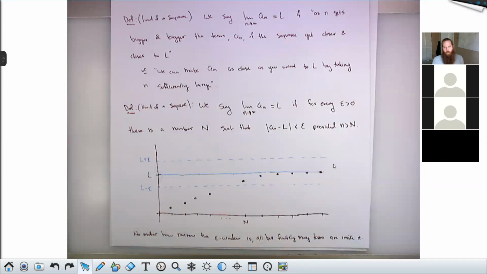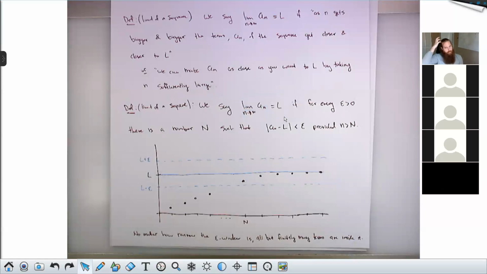Call that an epsilon window about L. No matter how narrow I make this, like if I were to shrink it like this, still all but finitely many terms of the sequence are trapped inside of it. So that's what it means for the limit as n goes to infinity of a_n to be equal to L.